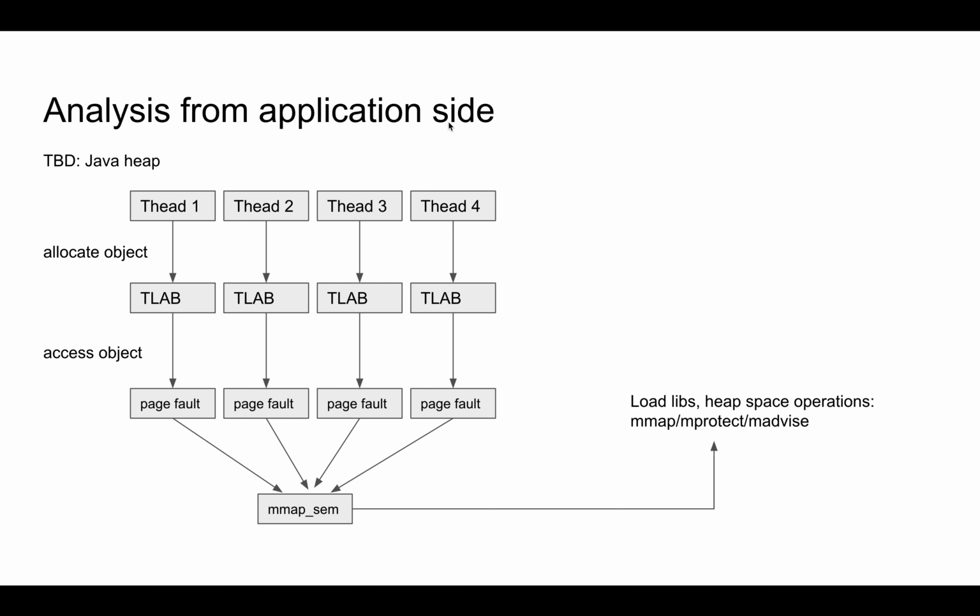Although it's concurrent in user space, it could be all blocked in kernel space waiting for the memory map read semaphore, because the write semaphore is held in the code path of memory map or memory protect. This can also explain what happens to code files and other page faults.